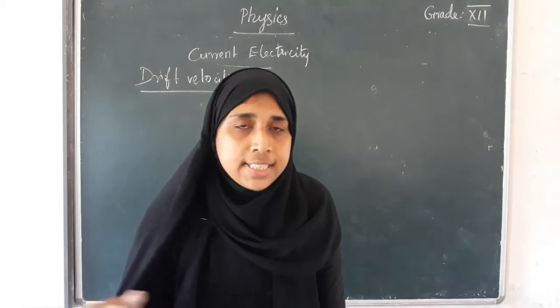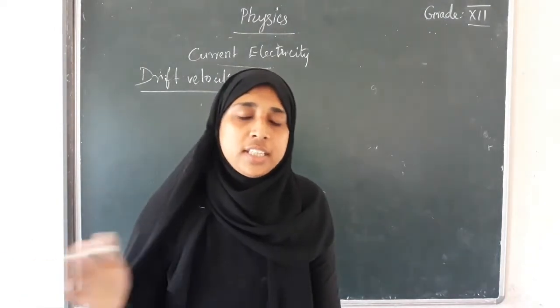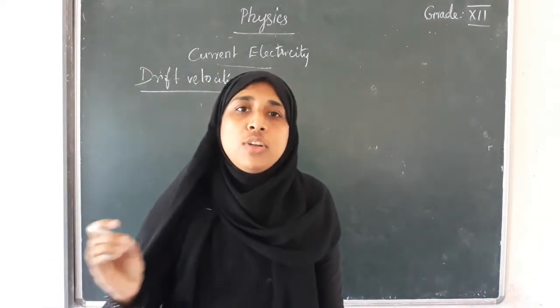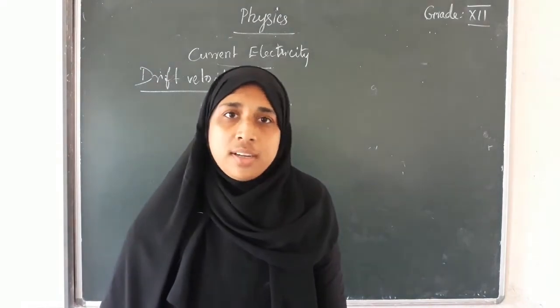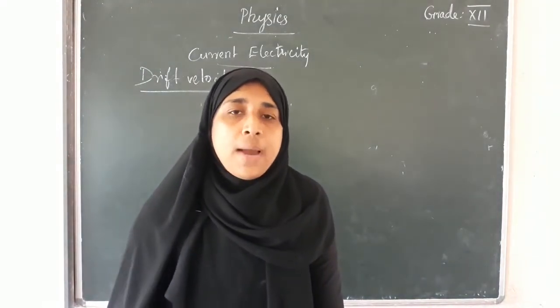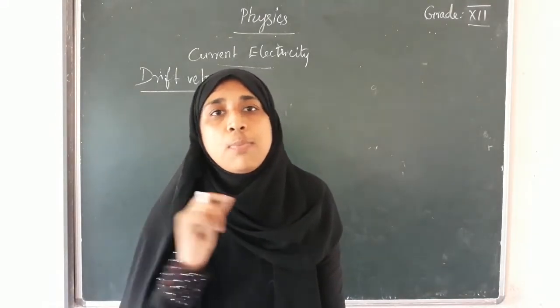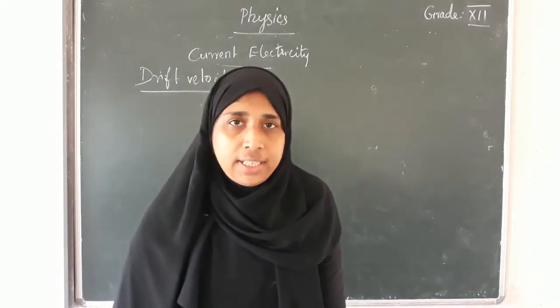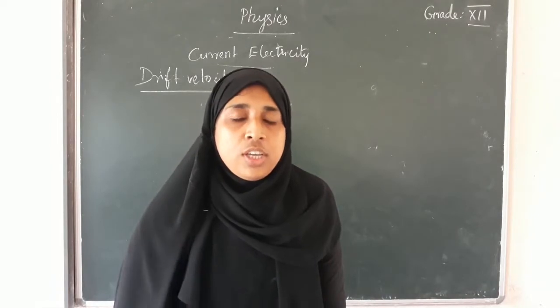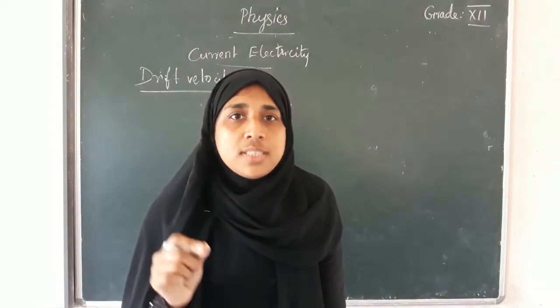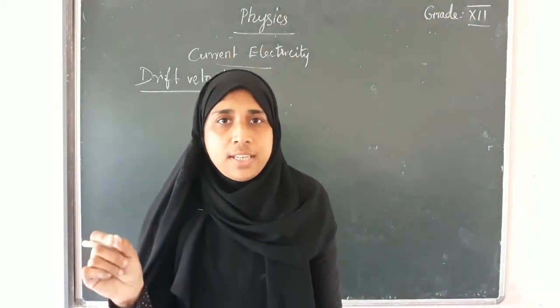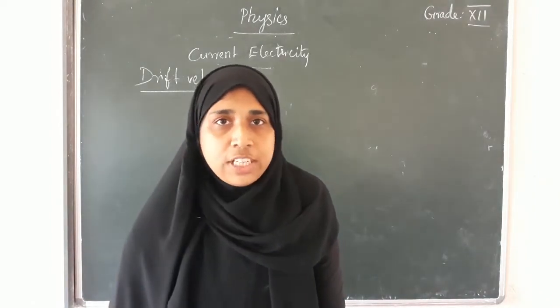First it has a zigzag path of motion and here and there it will be colliding. Then slowly it will be arranging in one direction. So with the application of electric field, the electrons are drifted towards the positive terminal of the battery. So these electrons travel with a particular velocity. That velocity is known as drift velocity.